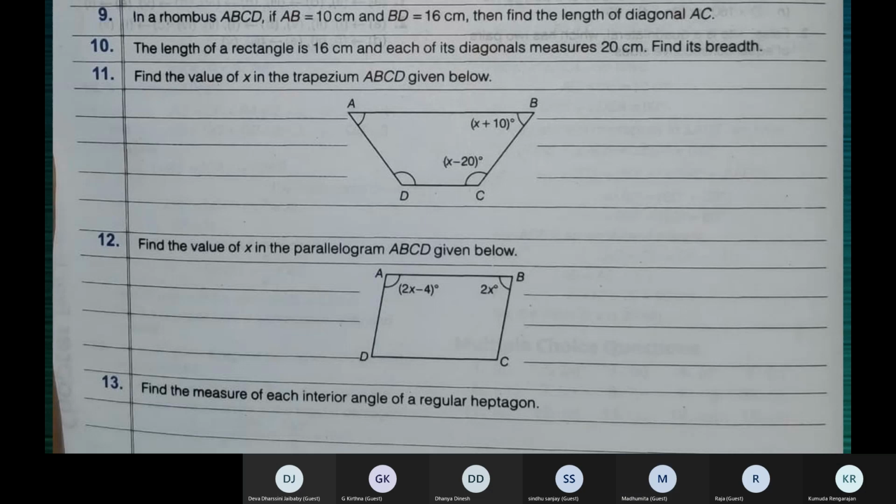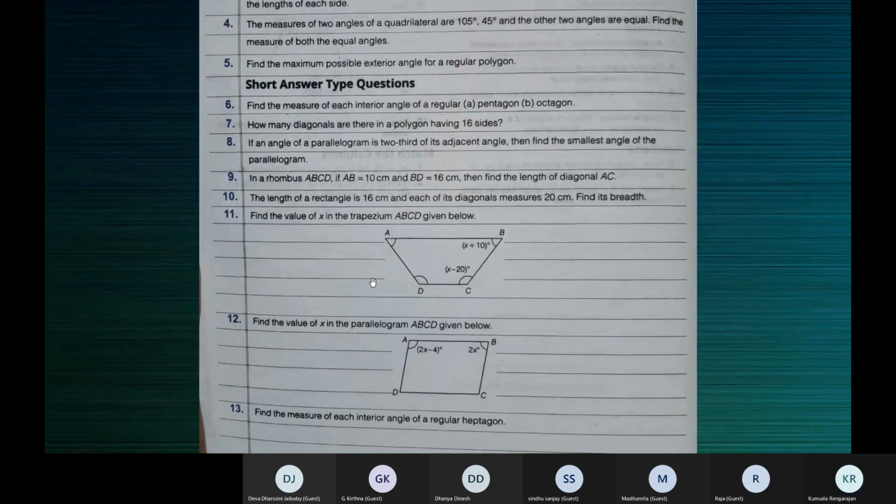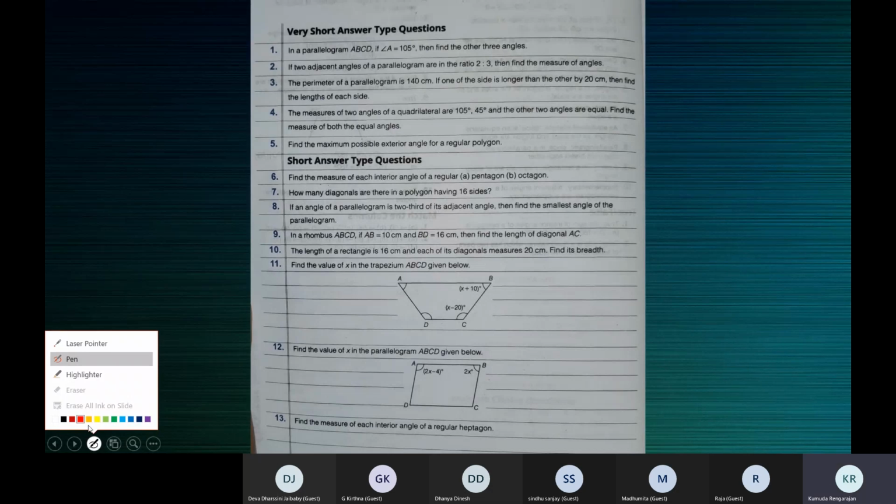Okay, we'll see if somebody is able to complete it. Anyone? No responses. So I assume that nobody's got this right. So see here.